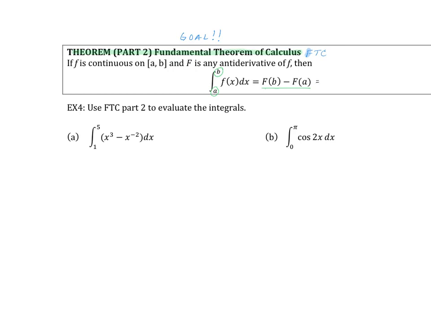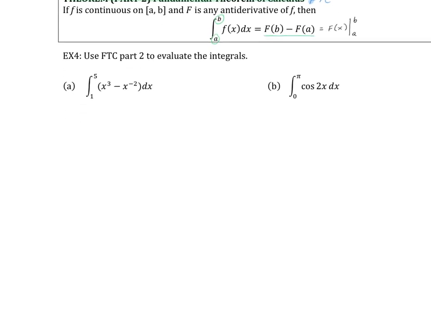Another way to write this is the antiderivative evaluated, and we're going to use this bar, b to a. So the top is the b, the bottom is the a, so it's F of b minus F of a. Let's look at how we apply this in example 4a.